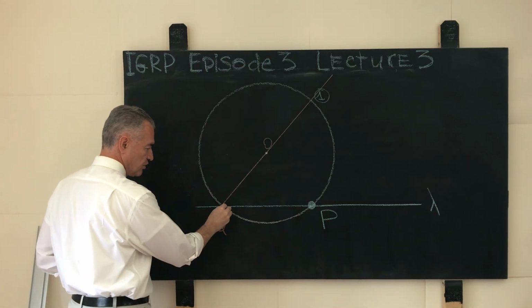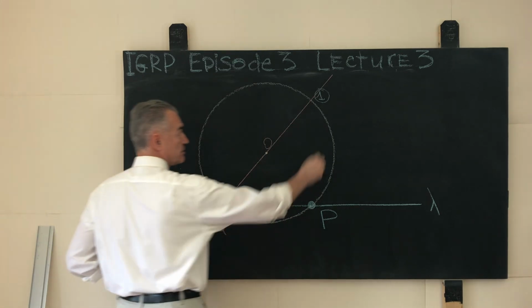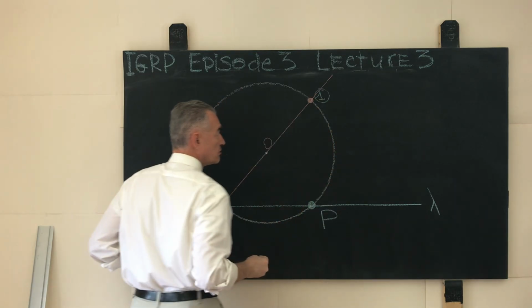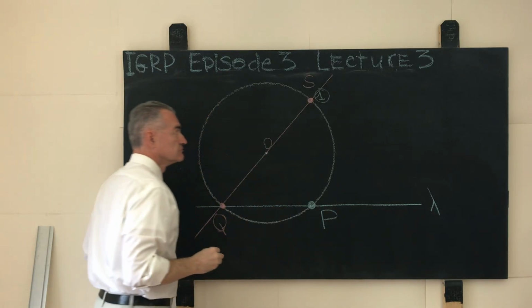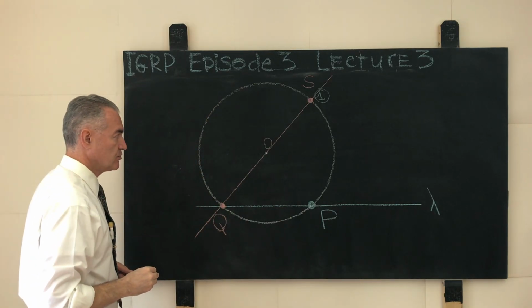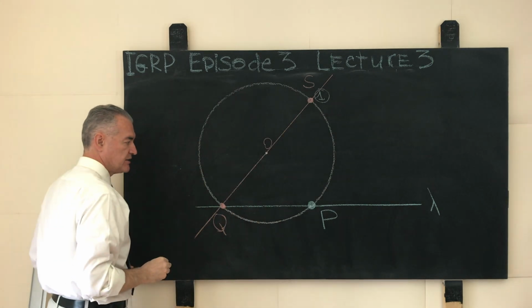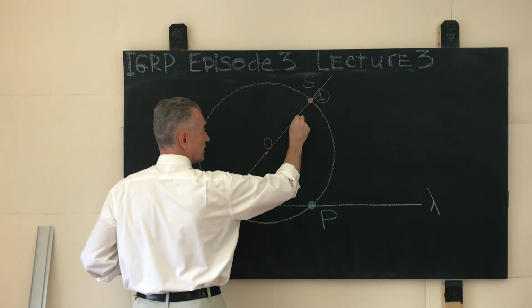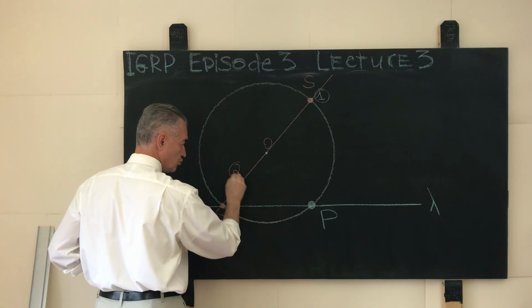One such point will be Q, shown over here. And the other point, we'll call it S, such that the distance SQ will be a diameter of our helper circle number 1. This line, shown in orange, will be line number 2.